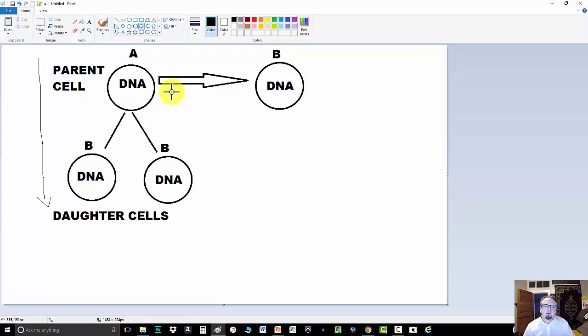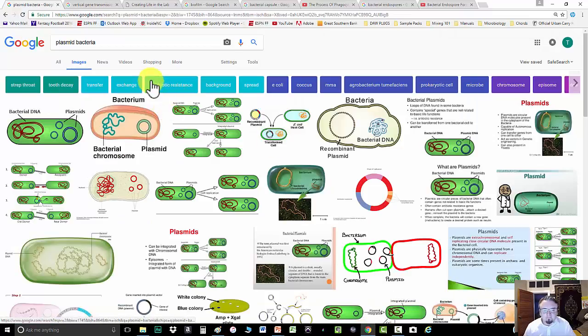It's not doing any of that. Usually some of the DNA is being transferred directly from one parent cell to another parent cell. Sometimes you might refer to it as an adult cell or a mature cell, and sometimes they refer to it as a recipient cell. A lot of times this is referred to as a donor and a recipient. Let me pull up a figure here.